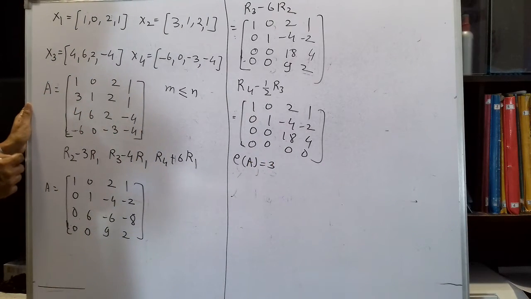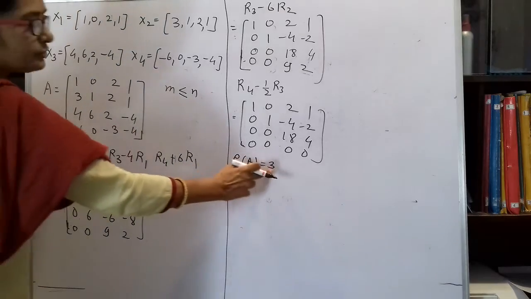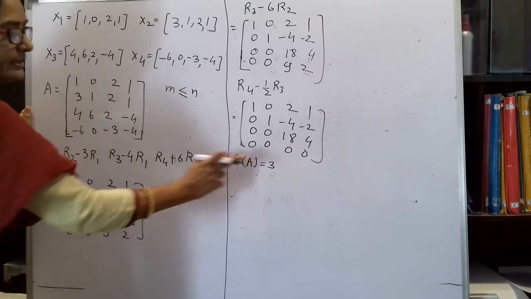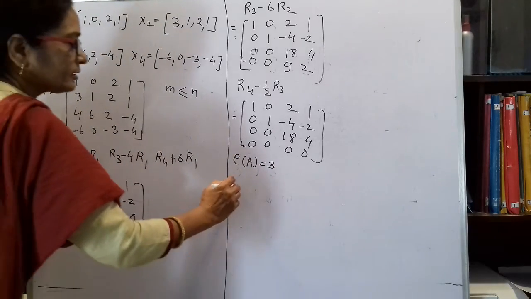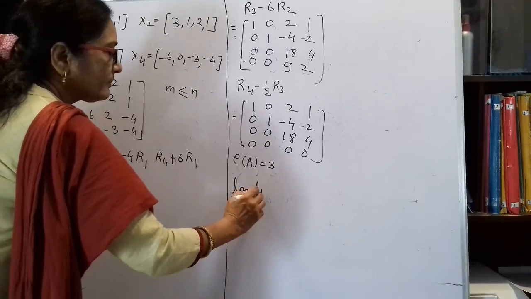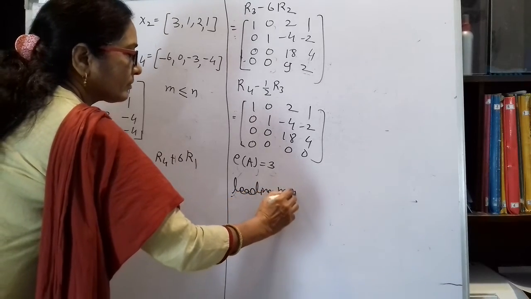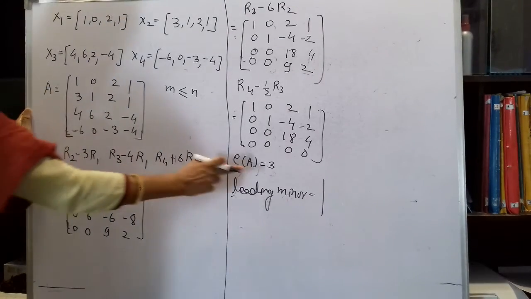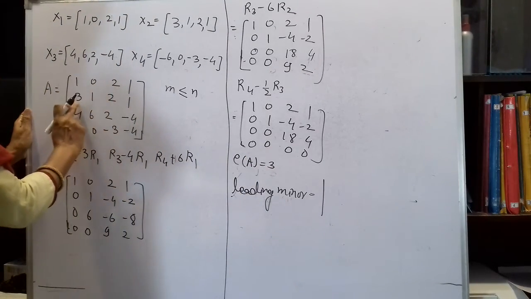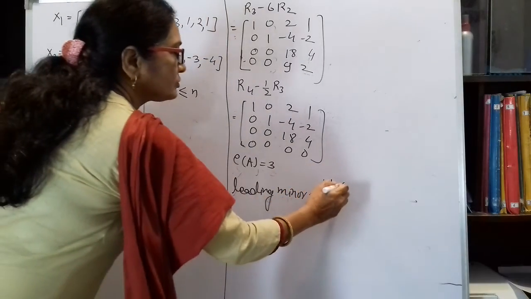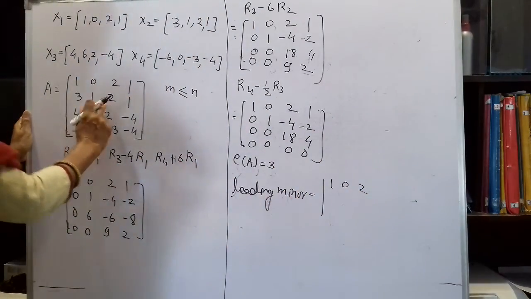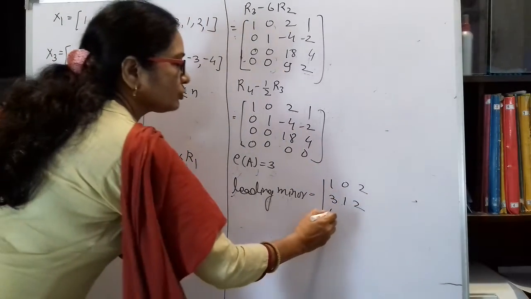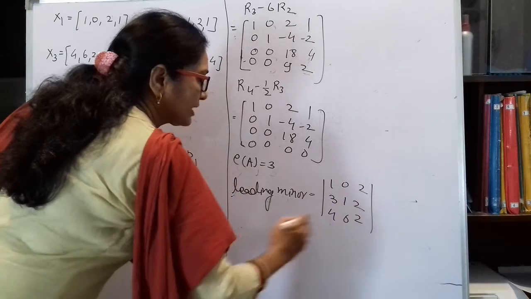Then we have to find the leading minor from A. क्योंकि rank 3 है तो 3 by 3 का determinant, rank 2 है तो 2 by 2 का determinant A से लेंगे. The rank of matrix A is 3, so we have to find the leading minor, and this is the determinant of A, the 3 by 3 part. 1 0 2, 3 1 2, then 4 6 2, and we have to expand it.